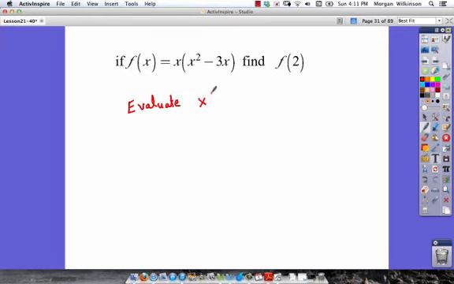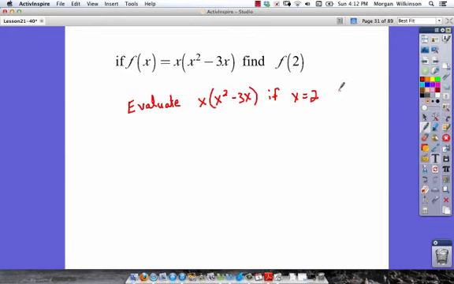Evaluate x times x squared minus 3x if x is equal to 2. These are saying the exact same things. Okay? F of x if f of x is equal to x times x squared minus 3x, find f of 2. It's the same thing as saying evaluate x times x squared minus 3x if x is equal to 2.